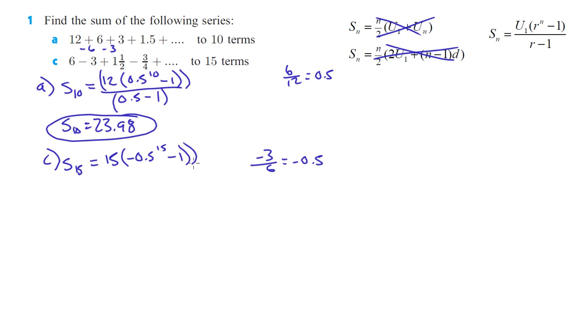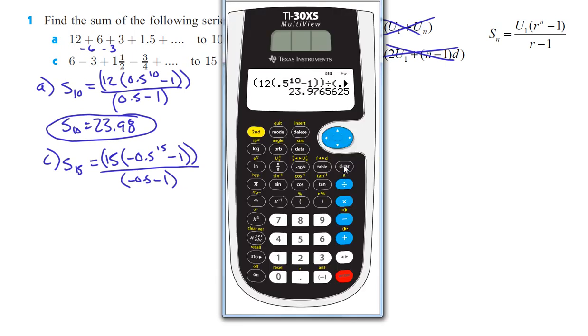Again, to make sure that I put this in the calculator correctly, I'm going to put double parentheses around that, and then all divided by -0.5 minus 1. Getting our calculator back out, we do parentheses 15, another set of parentheses, -0.5 to the 15th power. Push the arrow over, then subtract 1 from that.